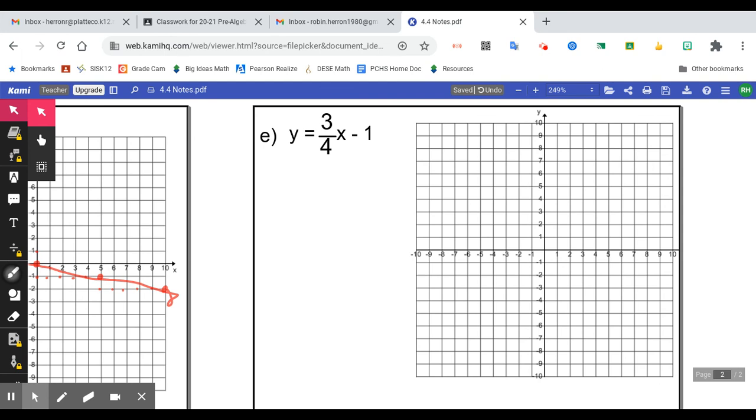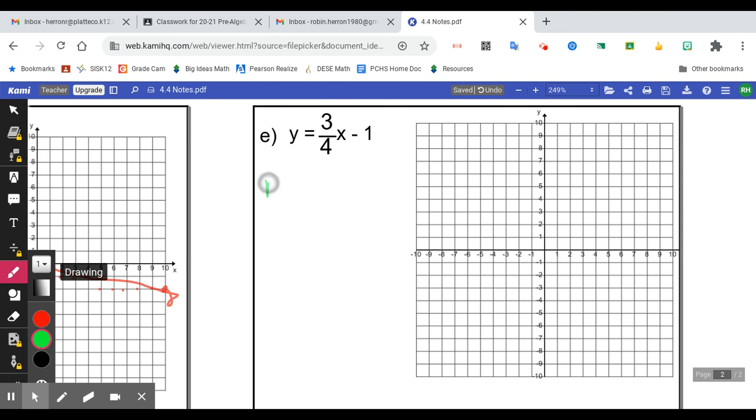Okay, so same thing. M and B, 3/4 and -1. Start from the bottom with B, -1, up 3, right 4. 1, 2, 3, 1, 2, 3, 4.